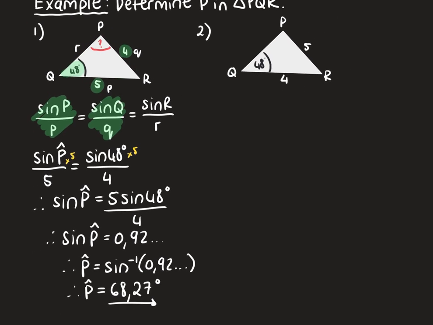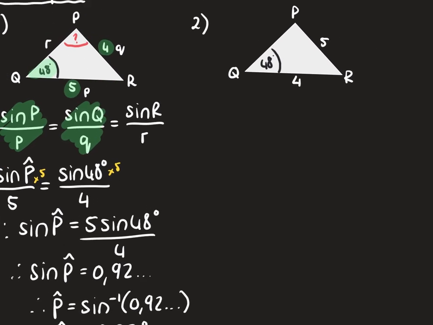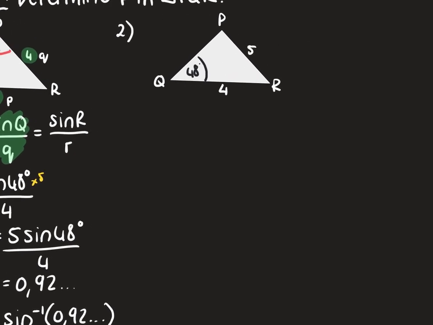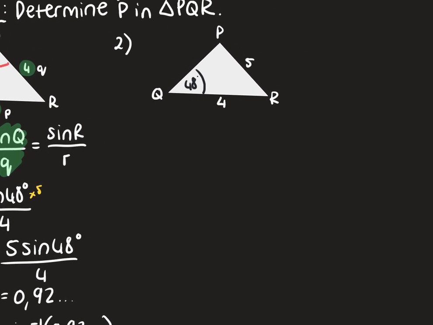Okay, awesome. Let's try it again, but with the second example. So the second example, again, let's find out whether the sine rule's in play. I've got an angle. I've got the side opposite that angle. Therefore, I have an ordered pair. I then have the side 4, and I'm trying to solve for angle P. Fantastic.